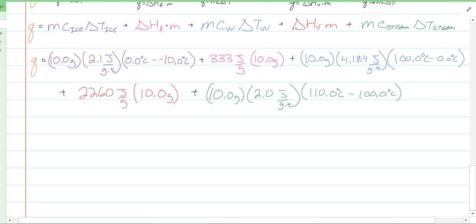Here we go. Q will equal, for warming the ice, step 1, 210 joules. For the melting of ice, we get 3,330 joules.